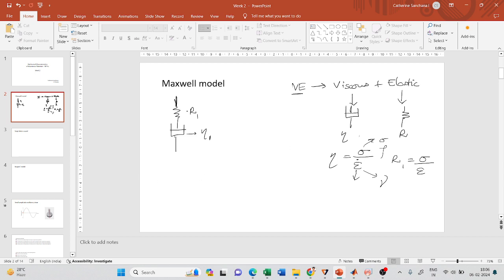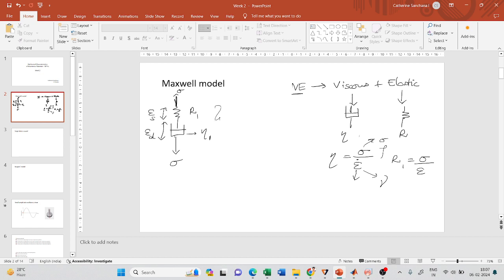So in a Maxwell model, these two elements are arranged in series. Now, if I apply stress to this element, this spring will undergo a deformation, and let us say that the strain undergone by this spring is denoted as epsilon s, since this is a spring, and the strain due to the deformation undergone by this dashpot is denoted as epsilon d.